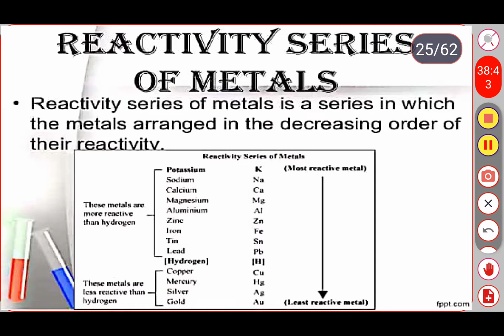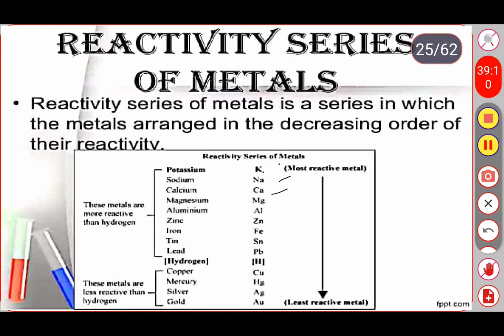Here you have the chart. So this is the reactivity series of the metals. Which is the most reactive metal? Potassium. Next one sodium. Next one calcium, magnesium, aluminium, zinc, iron, tin, lead. Okay, hydrogen, copper, mercury, silver, gold.